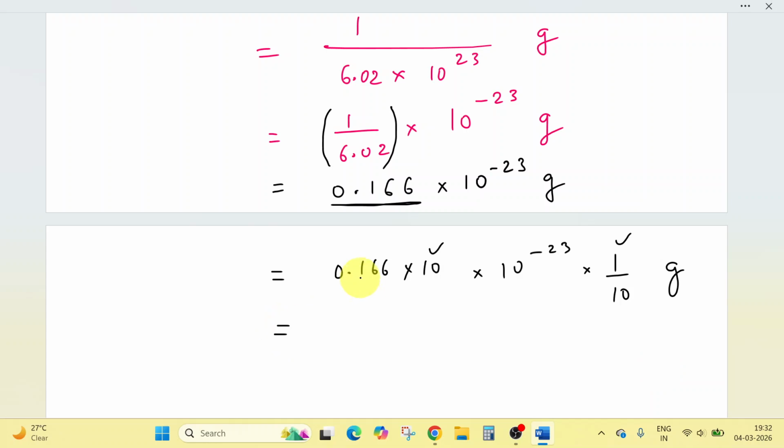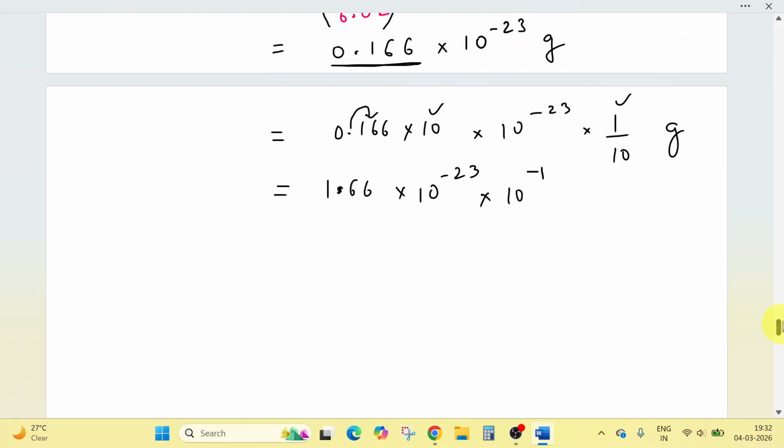Yes. So this portion is becoming 1.66. This point is going to jump over here. 1.66. Okay? Into 10 to the power minus 23 into 10 to the power minus 1. নিচে থাকলে উপরে গেল, এটা 10 to the power 1 ছিল, তো going up 10 to the power minus 1.